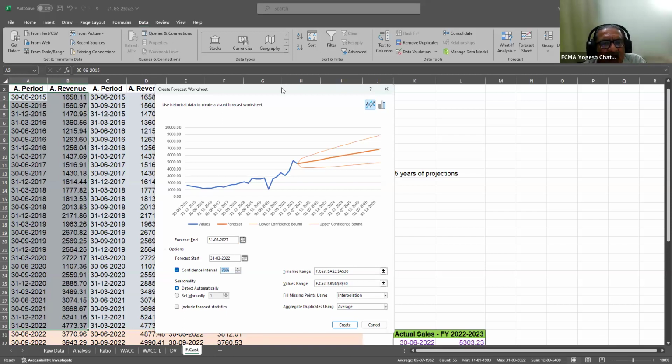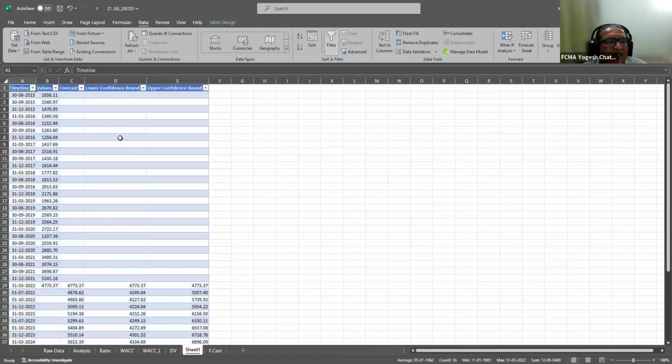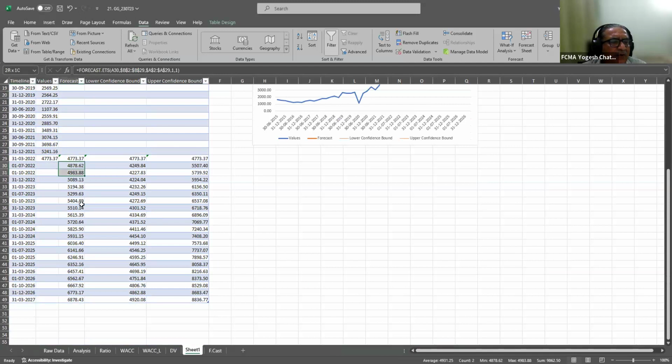I will leave it to Excel to detect that. Once I create this, it provides me this forecast for the next 5 years, starting with 1st of July 2022 right up to 31st of March 2027.